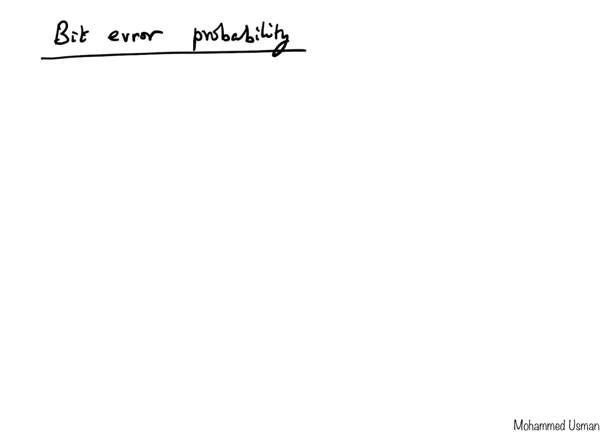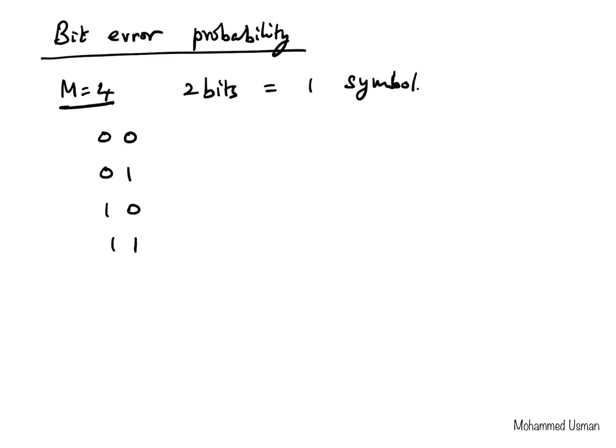So we want to find the average error probability for the bits. In the case of binary, as we said, 1 bit is 1 symbol. In the case of say M equal to 4, then 2 bits equal to 1 symbol. So we have 4 symbols, M equal to 4. The 4 symbols are 00, 01, 10, 11. Now, if we transmit one symbol and that symbol gets corrupted, for example, we transmit M0.